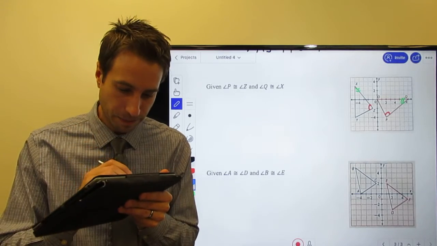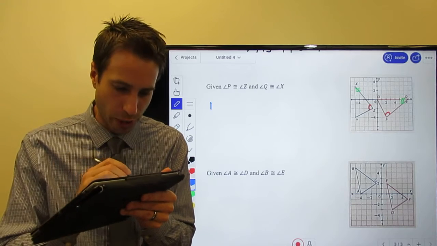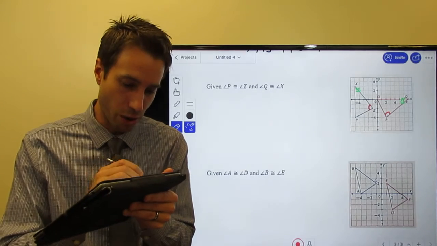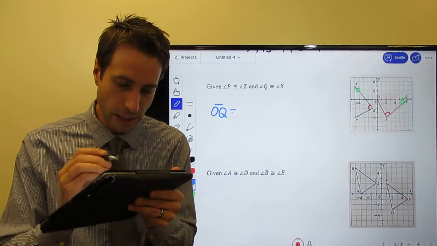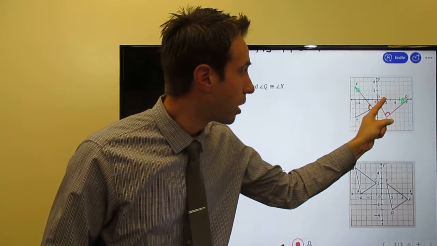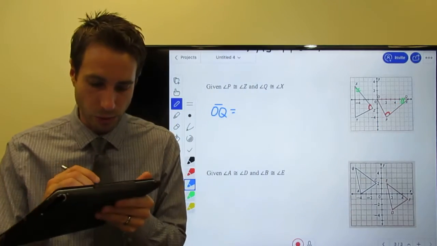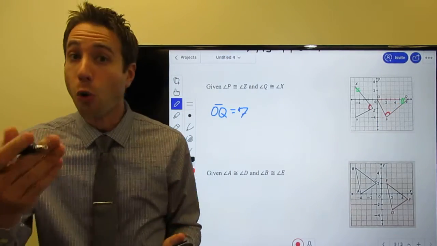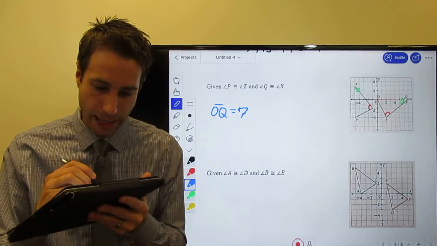If I can find side Q, oh, I have OQ. Let's go QO or OQ. It doesn't really matter. OQ is equal to, let's count. 1, 2, 3, 4, 5, 6. It's equal to 7 units. Let's see. Corresponding side right here, XY.